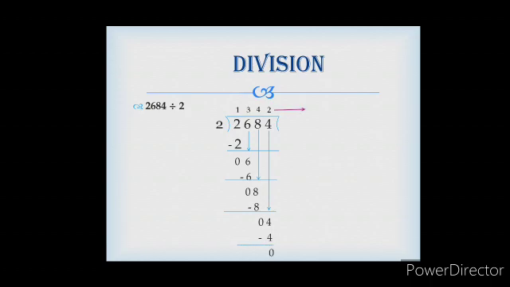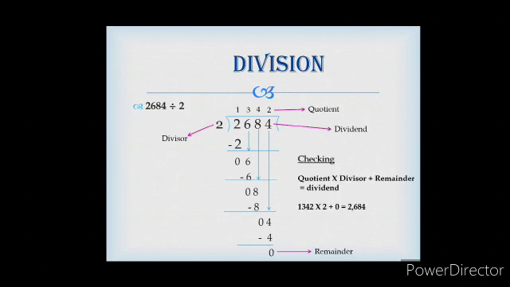Here this number is called our quotient. This is our dividend. Here comes our divisor and then lastly our remainder. We can also check our answer by using a small formula, that is quotient multiplied by divisor plus remainder gives dividend.